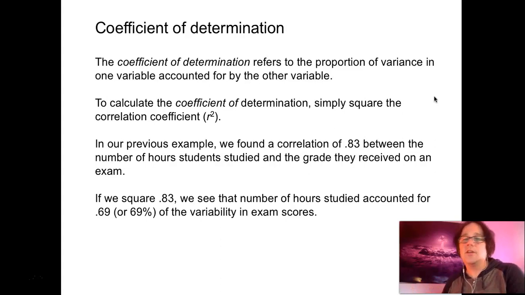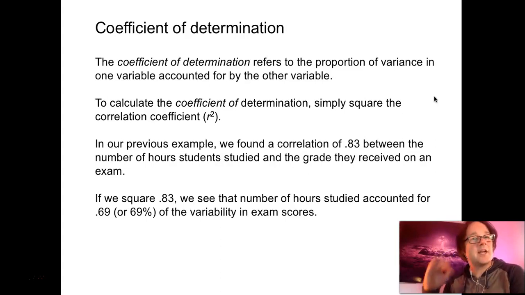So how we can think about the correlation that we got, this 0.83, if we square it, is that we can find out how much of the exam score can be explained by the number of hours that students studied. In this case, because it was just fake data I made up, it's 69%.